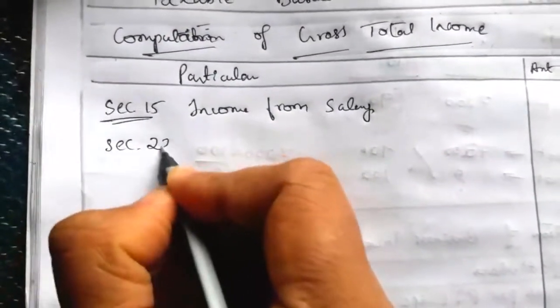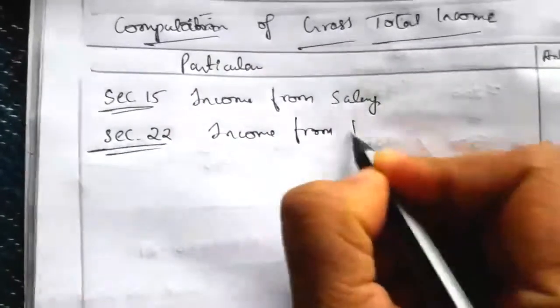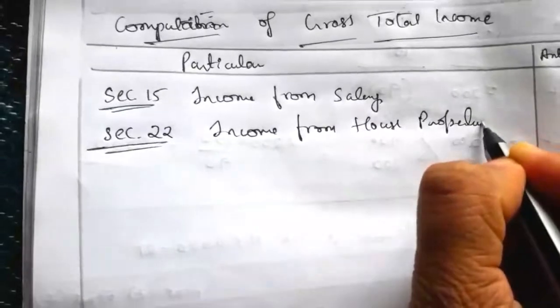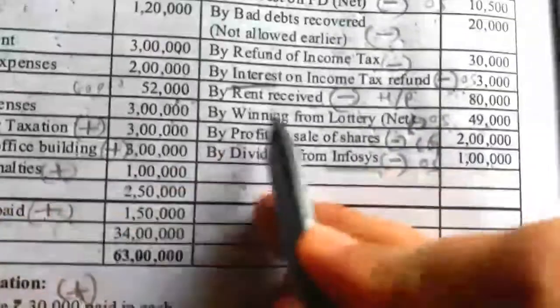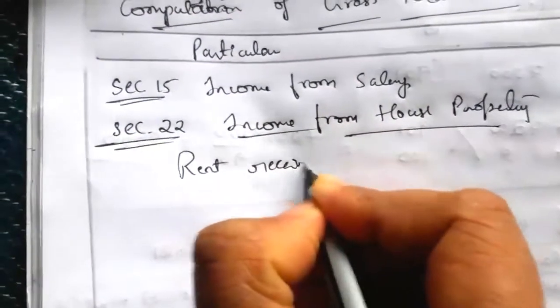Then section 22 is relating to income from house property. So relating to house property, there is rent received given here on the credit side of the profit and loss account. That is 80,000. So rent received is taken under the head section 22.